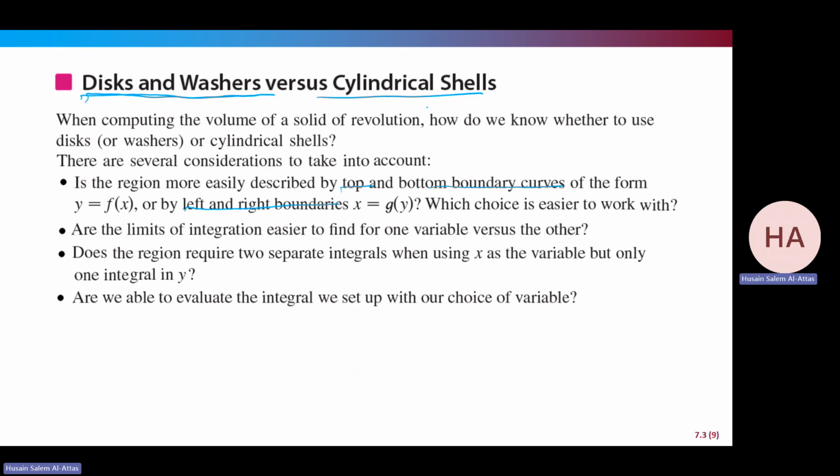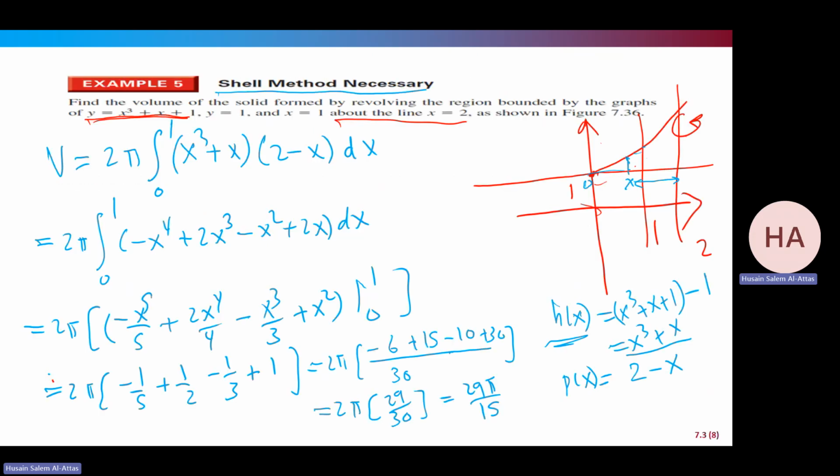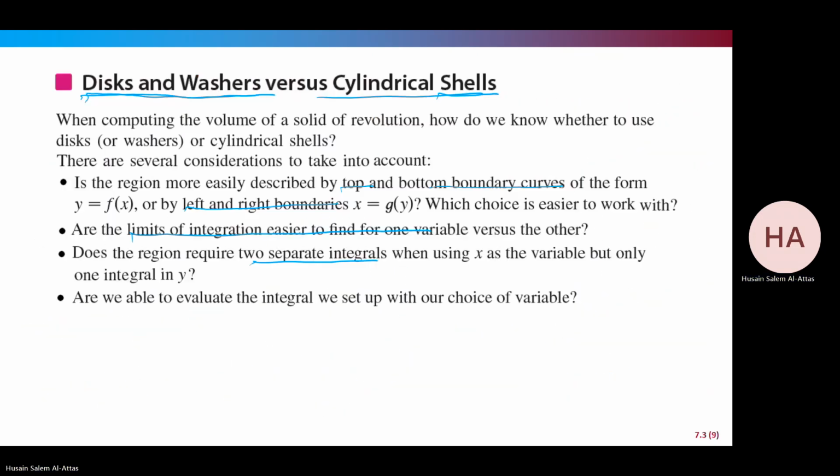For the shell, I have the line parallel to the axis of revolution. Sometimes the limits of integration, and also the function, can be written more easily in terms of one variable than the other. Sometimes some regions require two separate integrals. Sometimes they don't, and it's only one integral. So I need to look at all of these things.